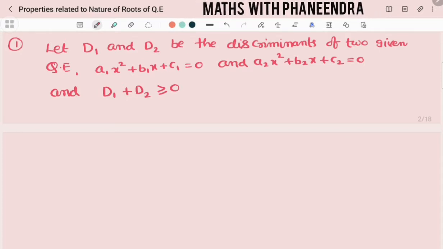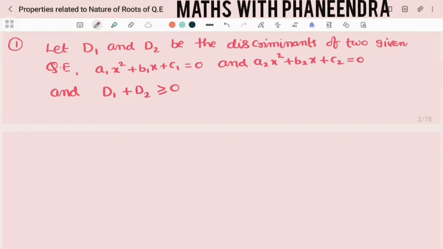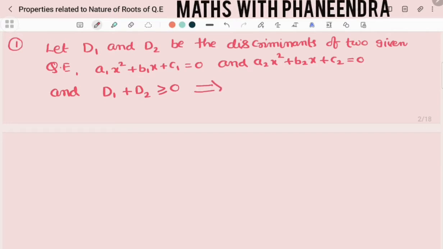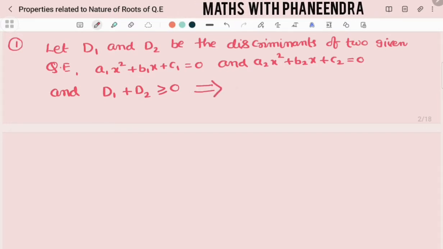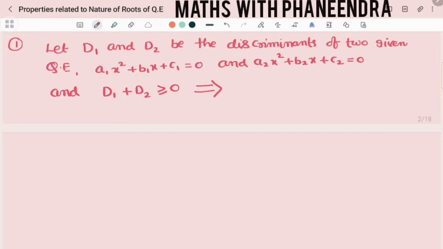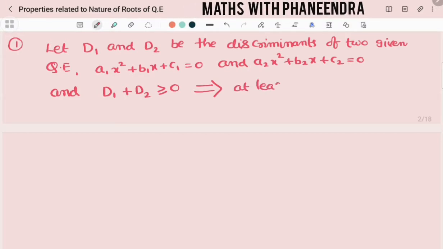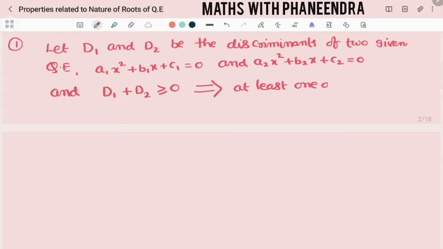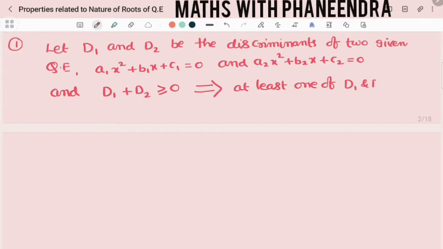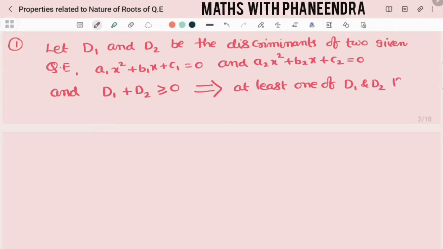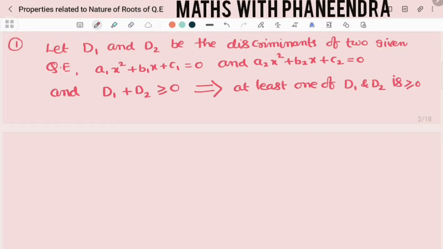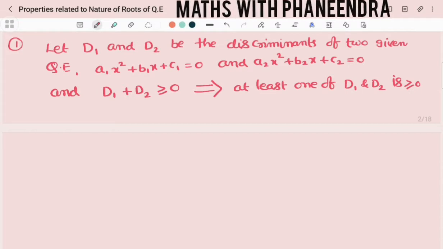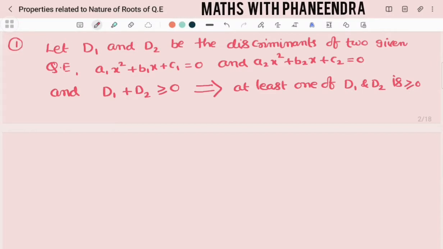Whenever the sum of the discriminants of the quadratic equations is greater than or equal to 0, that implies, and this is the only important property, then at least one of D1 and D2 is greater than or equal to 0.